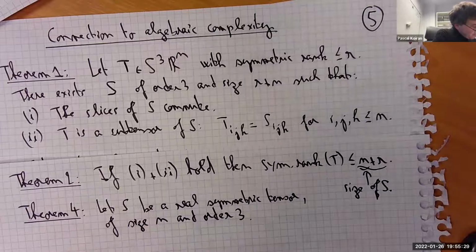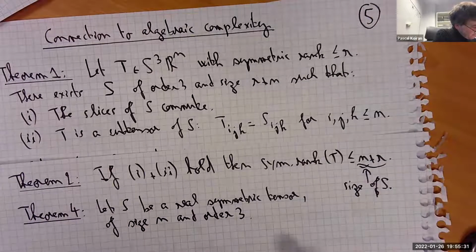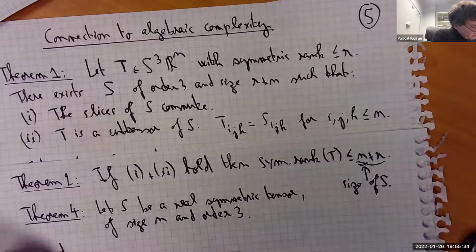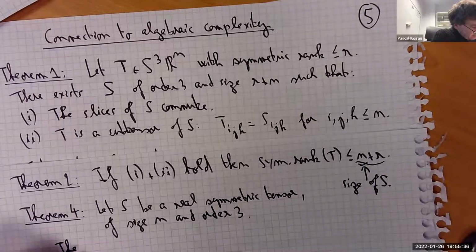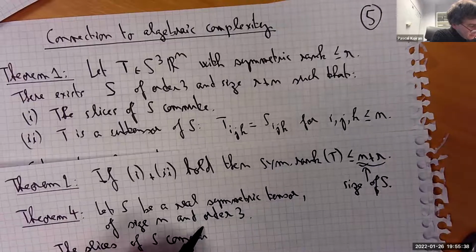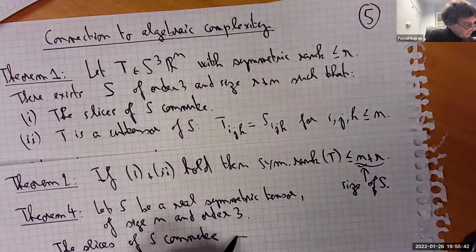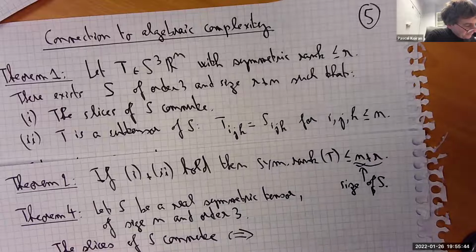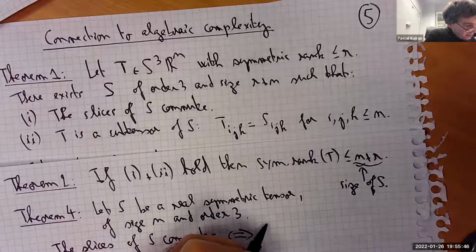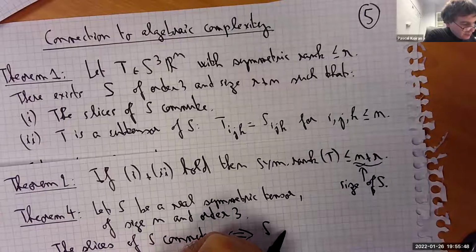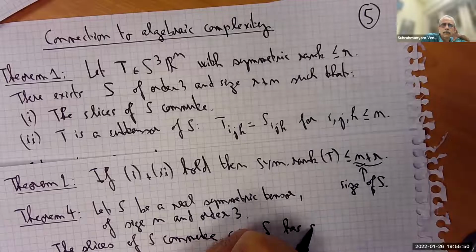Then the slices commute if and only if S has an orthogonal decomposition.